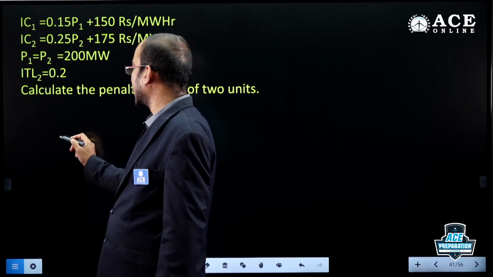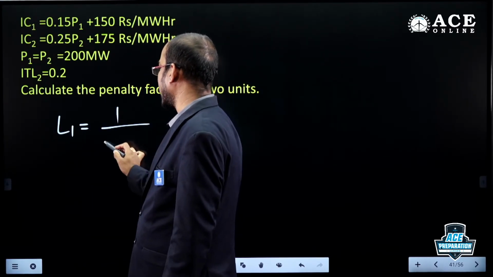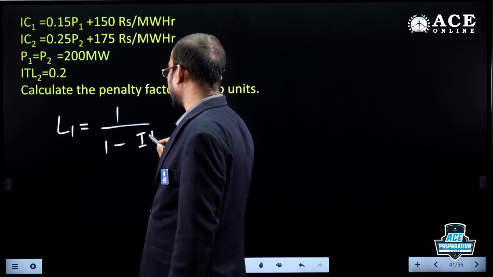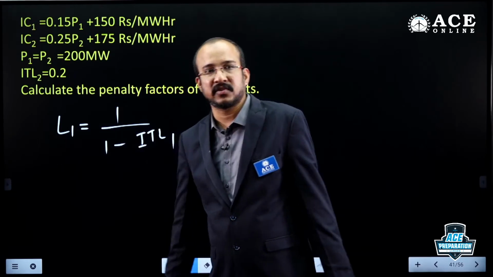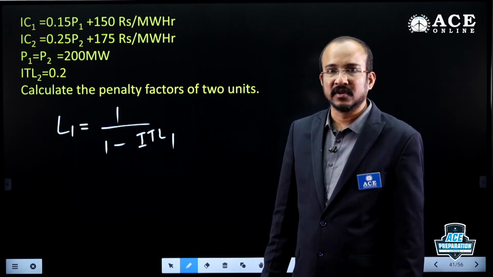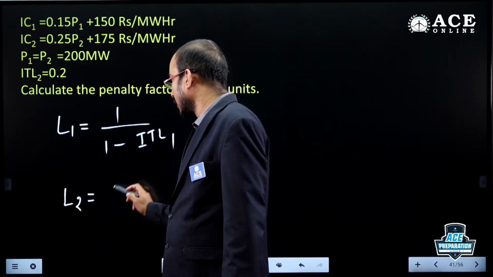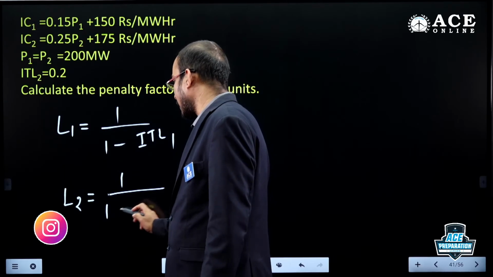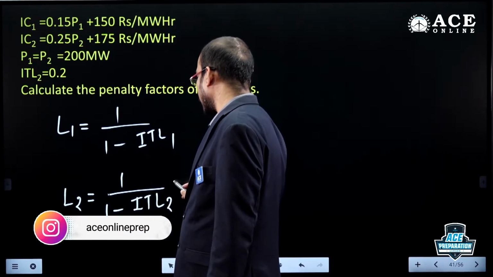So here, what is the penalty factor L1? L1 can be written as 1 by 1 minus the incremental transmission loss of the first unit. The incremental transmission loss of the first unit is not given, so you cannot directly calculate the penalty factor of the first unit. So L2 you need to calculate, that is 1 by 1 minus the incremental transmission loss of the second unit.